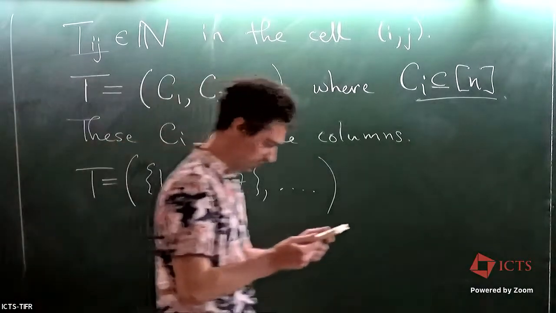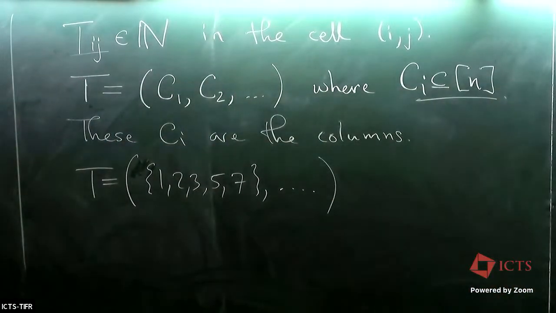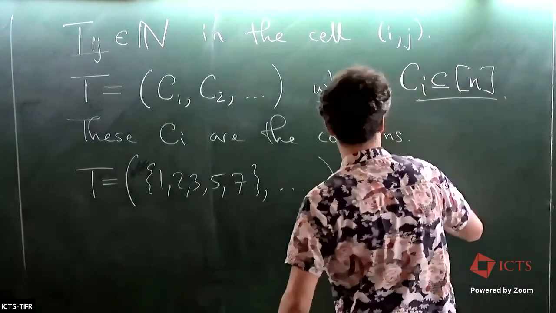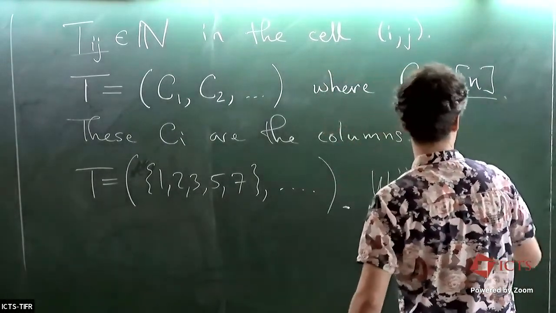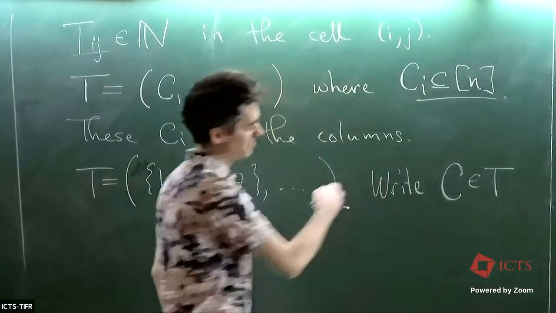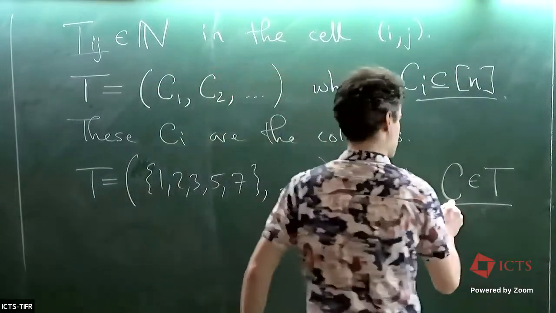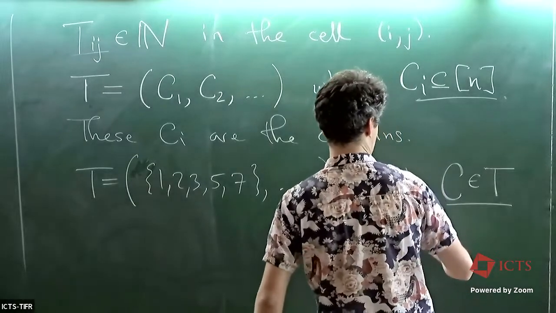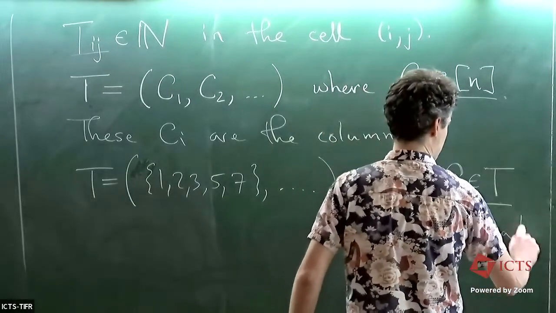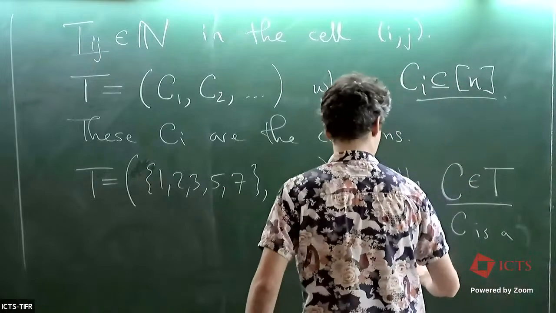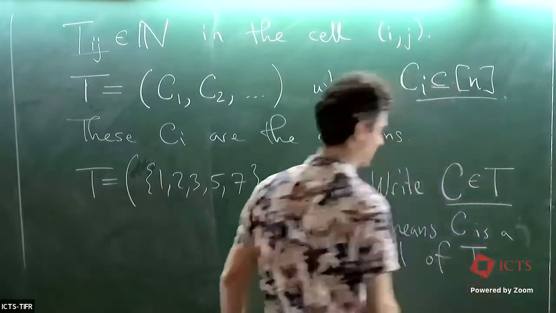Okay, what else do I want to say about columns? One more thing. We're going to write C in T to mean that C is a column of some tableau T.